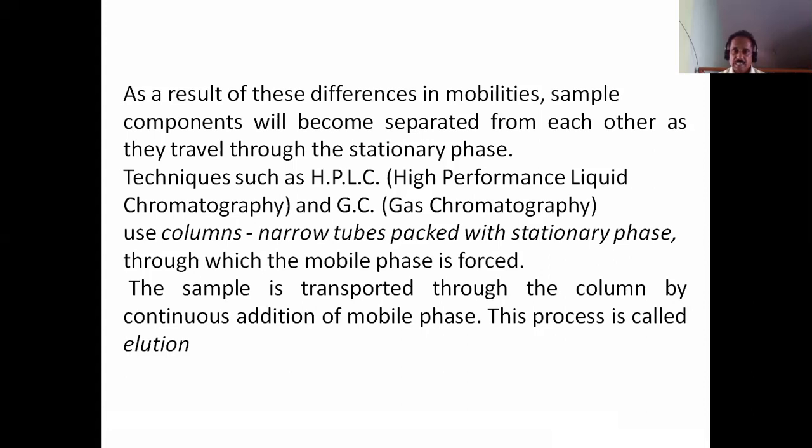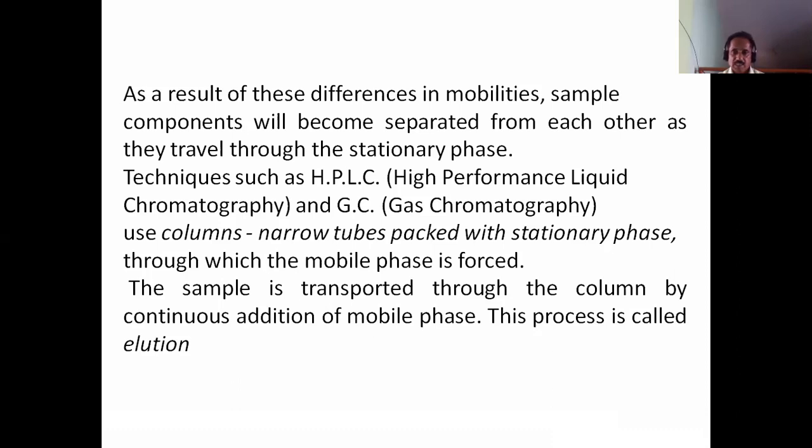In case of HPLC, high performance liquid chromatography, and in gas chromatography, the column is a narrow tube packed with a stationary phase through which the mobile phase is forced, or it is allowed to move into the stationary phase. In the stationary phase, the components of a mixture are separated from one another, and they are eluted one by one by using different eluents.